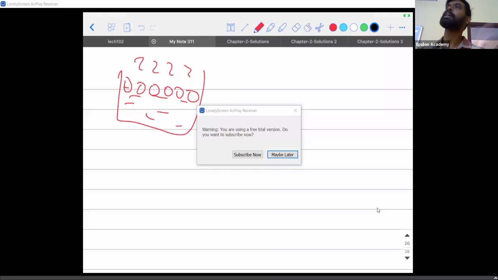There can be an increase or decrease depending on what type of liquids you're using. How much is the change in vapor pressure if I have two liquids mixed? That is given by what law? Raoult's law. So what is the statement of Raoult's law?